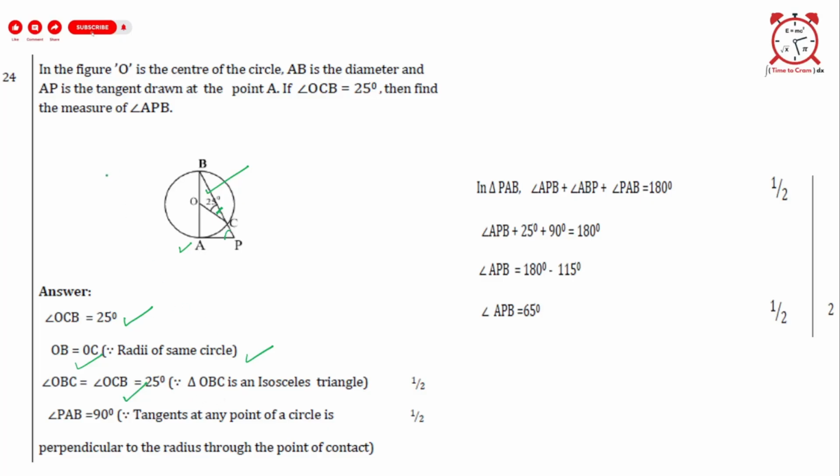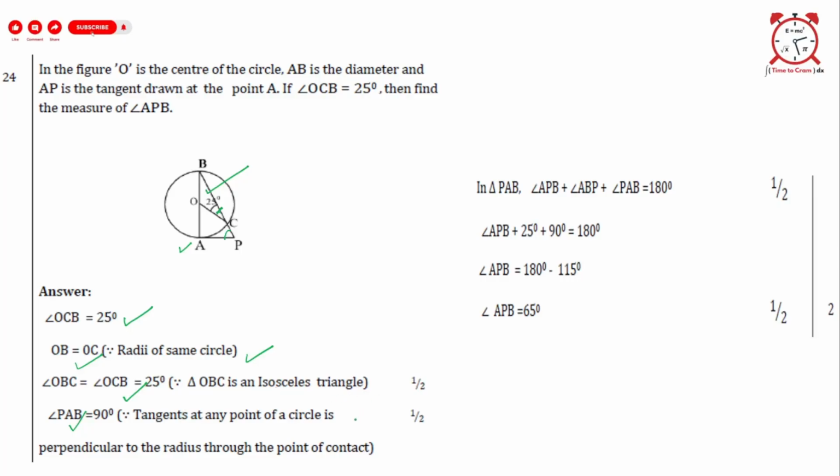That is why angle PAB equals, we got here angle OBC from this relationship. Now angle PAB is 90 degrees, because it is the angle at the point of contact with the radius from the center. So angle PAB equals 90.